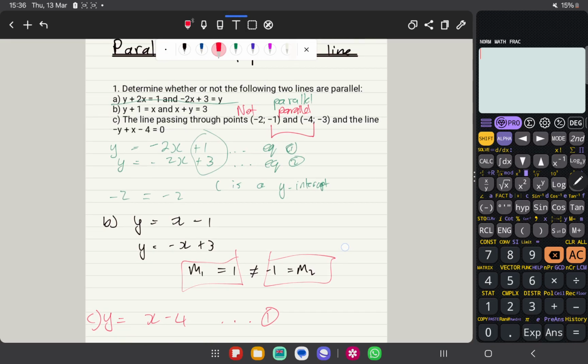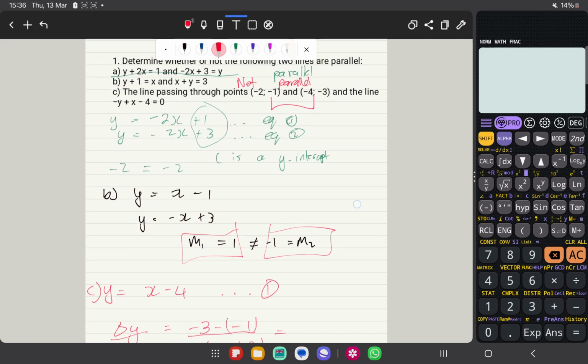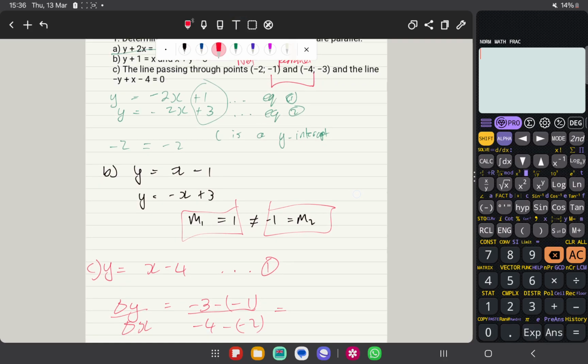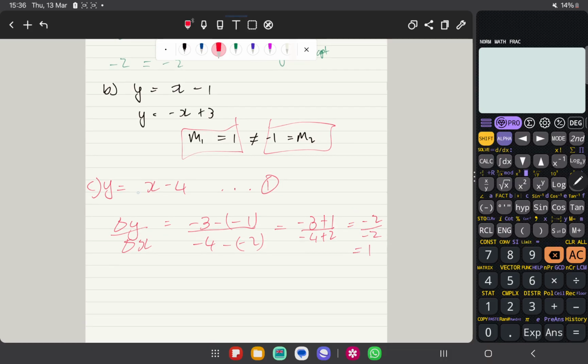So let me see, yes, everything is fine. That's minus 3 plus 1, that is minus 4 plus 2, that is minus 2 over minus 2, and that is 1. The gradient here is 1. So m1 equals m2 equals 1, and therefore they are parallel.